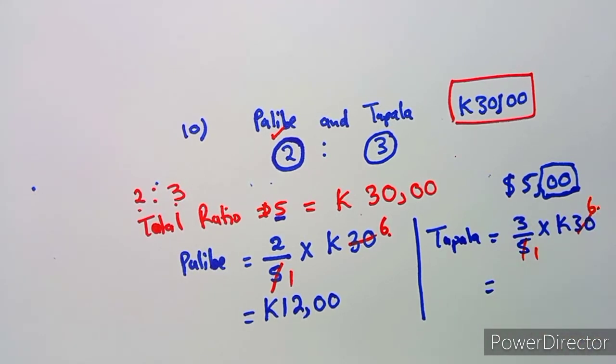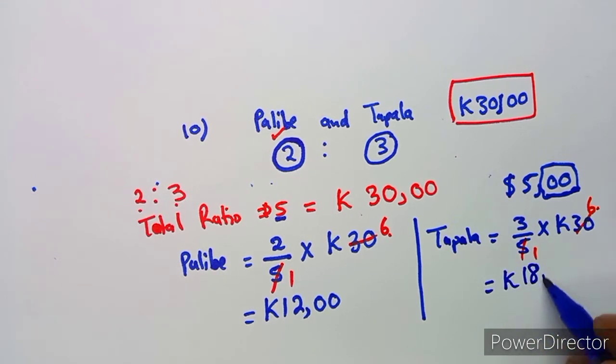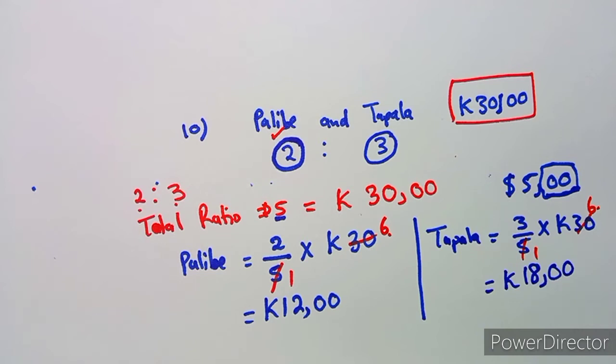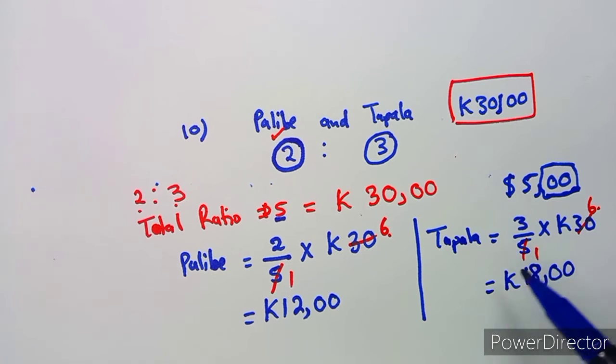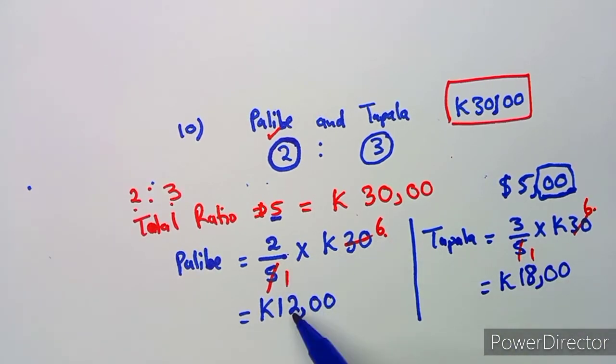So 6 times 3 is 18, not 30. So this is 18 kwacha, guys. If we do this properly, 6 by 2 is 12, and 6 by 3 is 18. So this is what you're going to have according to the ratios.